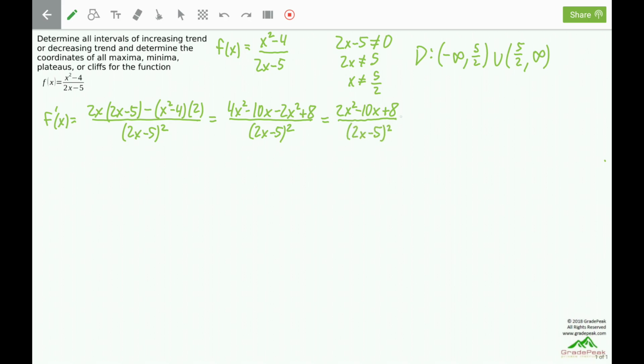over the denominator. We want to fully factor the first derivative. In the numerator, there's a common factor of 2. That will leave behind an x squared minus 5x plus 4. In the denominator, it's technically already factored because it's a quantity squared.